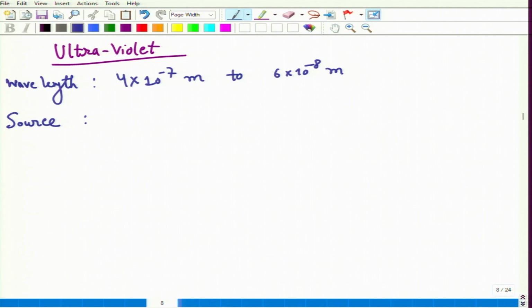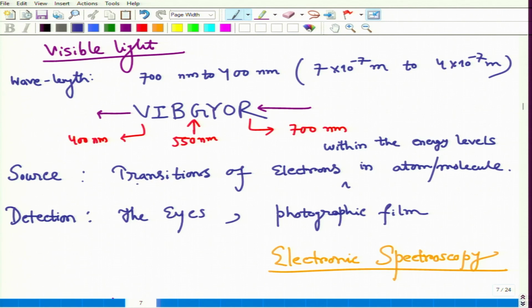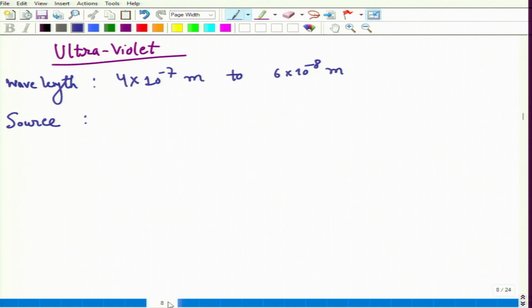Due to the electronic transition, the emitted electromagnetic waves also reside in the ultraviolet region. We have said that for visible light, and for the ultraviolet region this is also the source: the inner cell electronic transition, right?